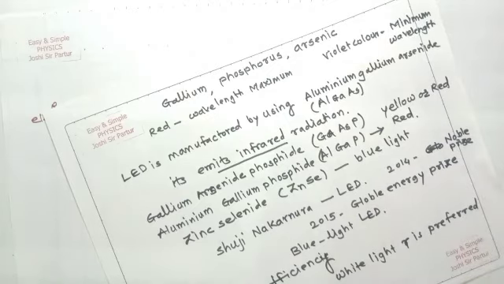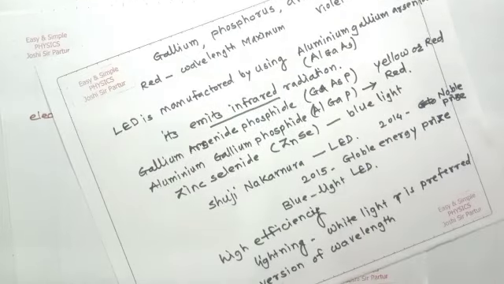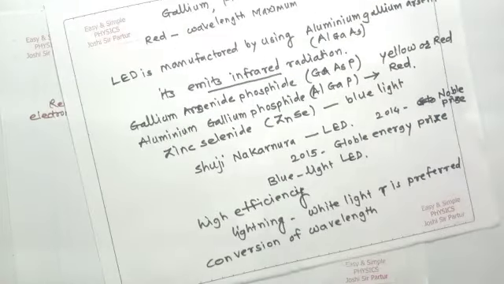Commercially, white light LEDs are normally manufactured using a technique of wavelength conversion. Means a technique is used for the conversion of wavelength.